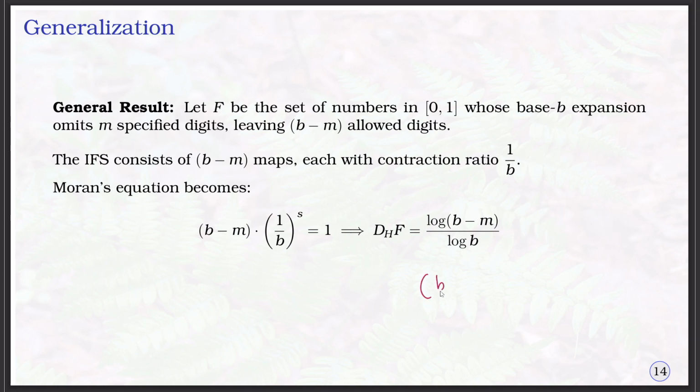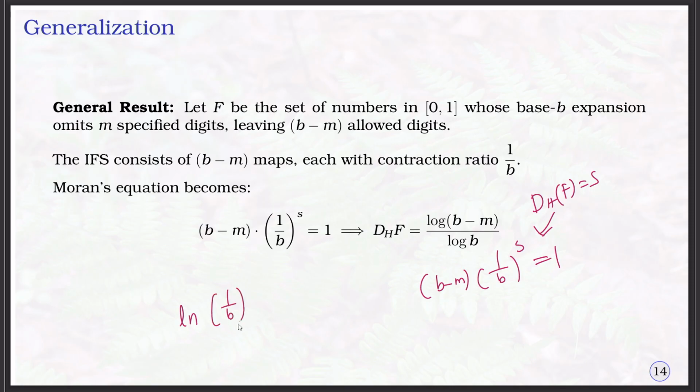The Hausdorff dimension of this attractor F satisfies this equation. With a similar argument, one gets (b minus m) times (1 by b) power s equal to 1.